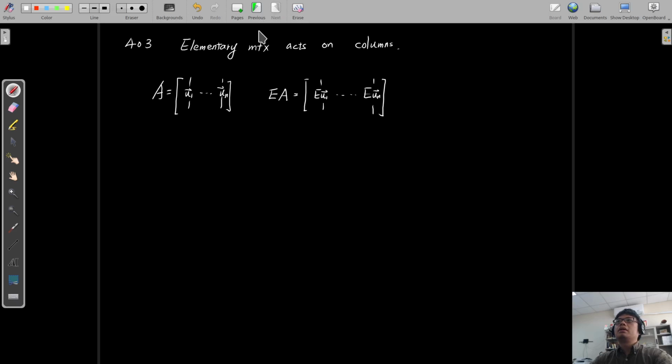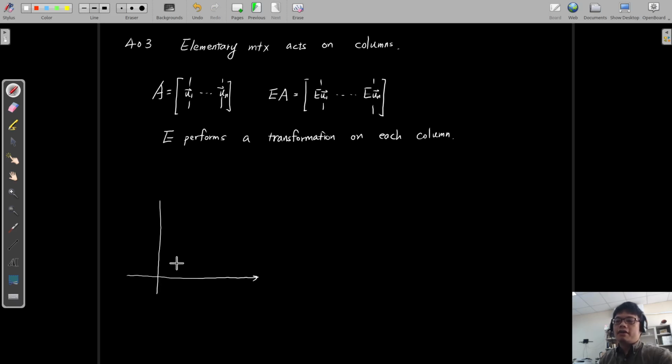So now the takeaway for this one is that the matrix E will perform a transformation on each column. And here is what I mean. Just an example.